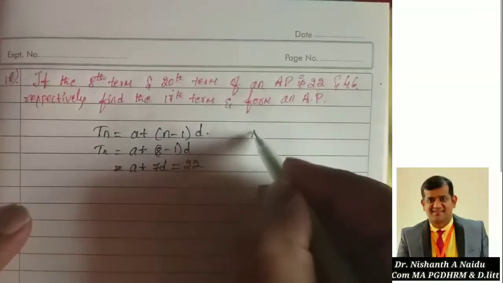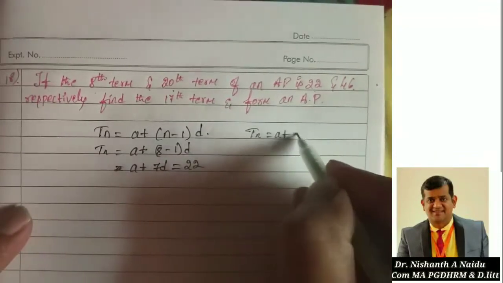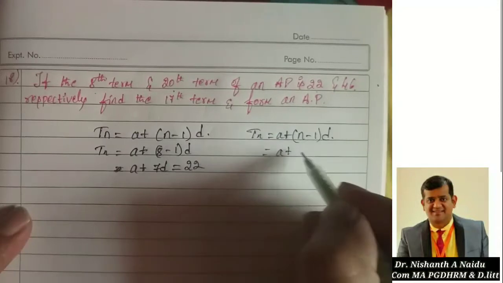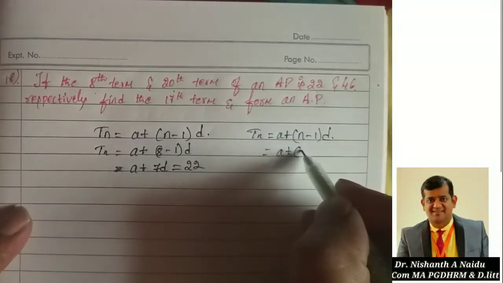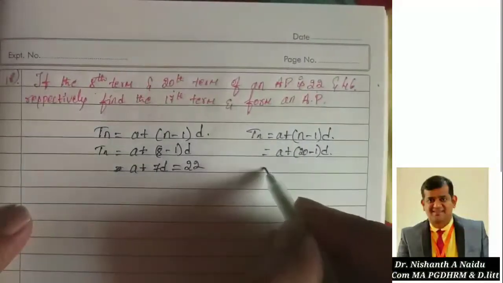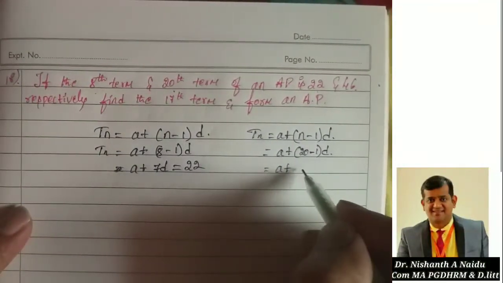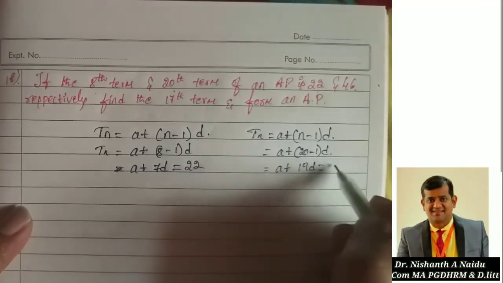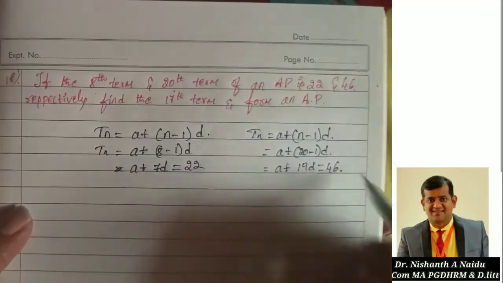So if you apply the same formula, Tn equals A plus n minus 1 into D, here also we don't know A, n we know, that is 20 minus 1, we don't know D. So that becomes A plus 19D equals 46.